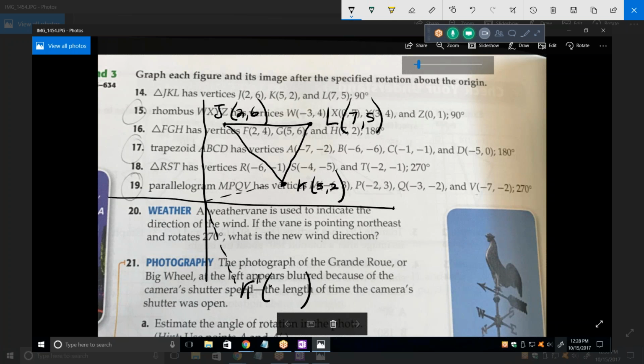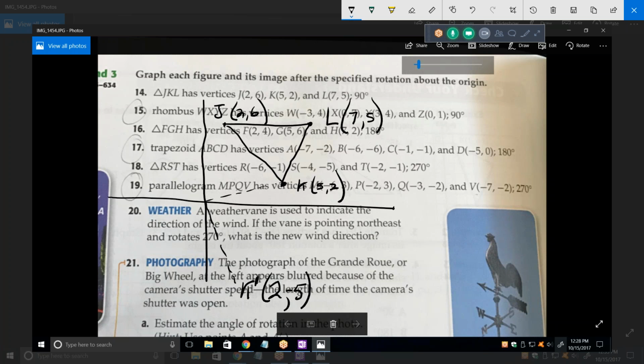Plus 2. Okay. And the Y coordinate of K prime looks like what? Minus 5. Yeah. In other words, the only thing you have to do is get the signs right. So with a 90-degree rotation, we switch the numbers and switch the sign on the Y coordinate. That's all we do.